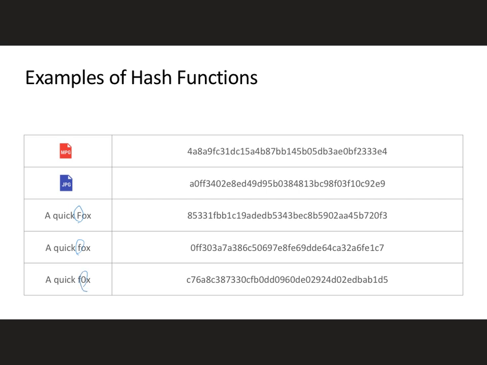So this kind of tiny change in the plain text will yield totally unrelated hash values. You cannot find the difference between these three hash values. This is one of the features of hash functions. If the hash values are very close, some people think the hash function is not strong enough.